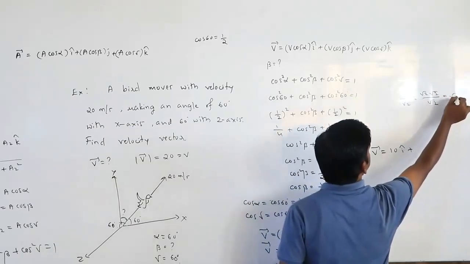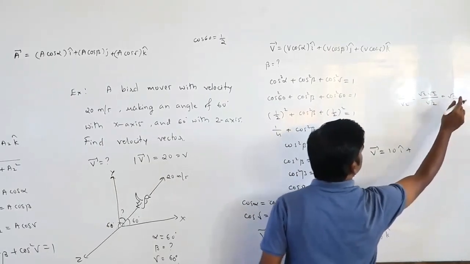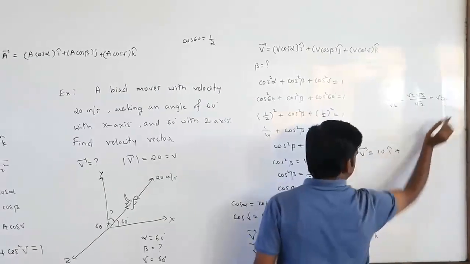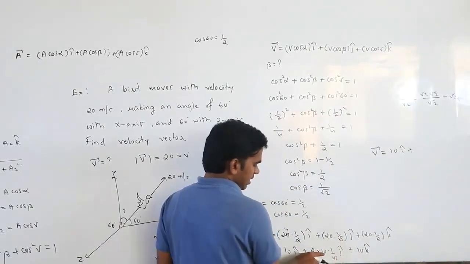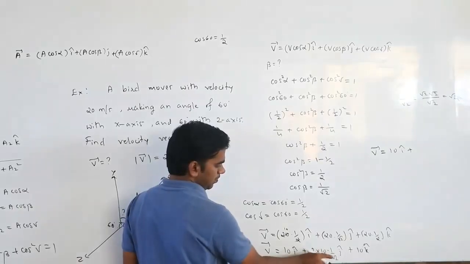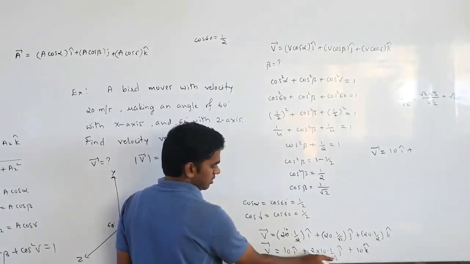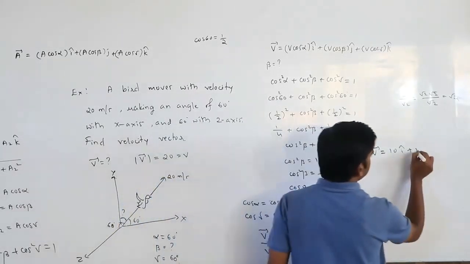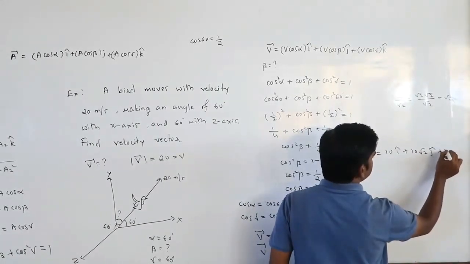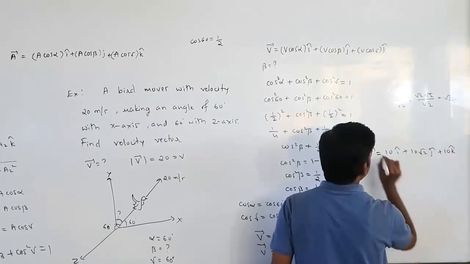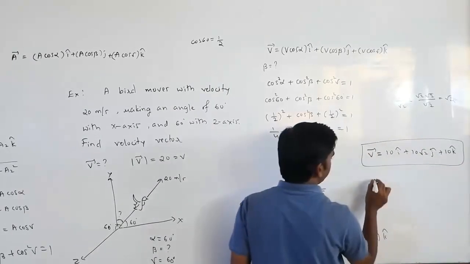So what remains is root 2. So 10 is already there, so this 2 will cancel with this root 2. So what remains is 10 root 2 j cap plus 10 k cap.